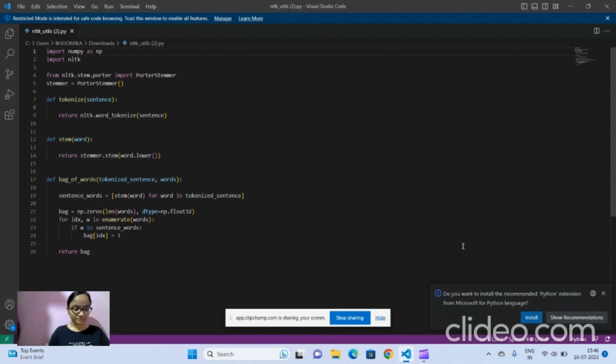We can generate the 0s and 1s accordingly. If the word is present, then it is 1. If the word is not present, then it is 0. That is the bag of words. We have used these kinds of functions in the code that we prepared.